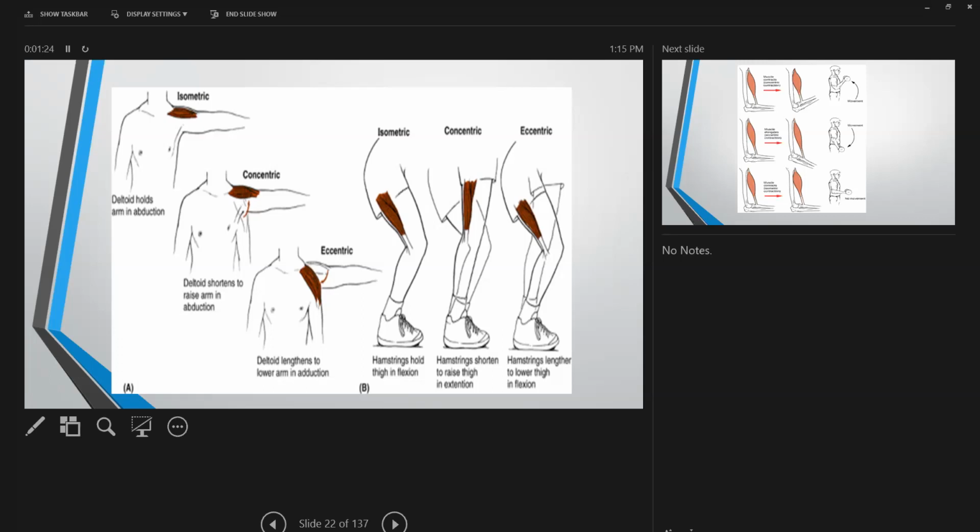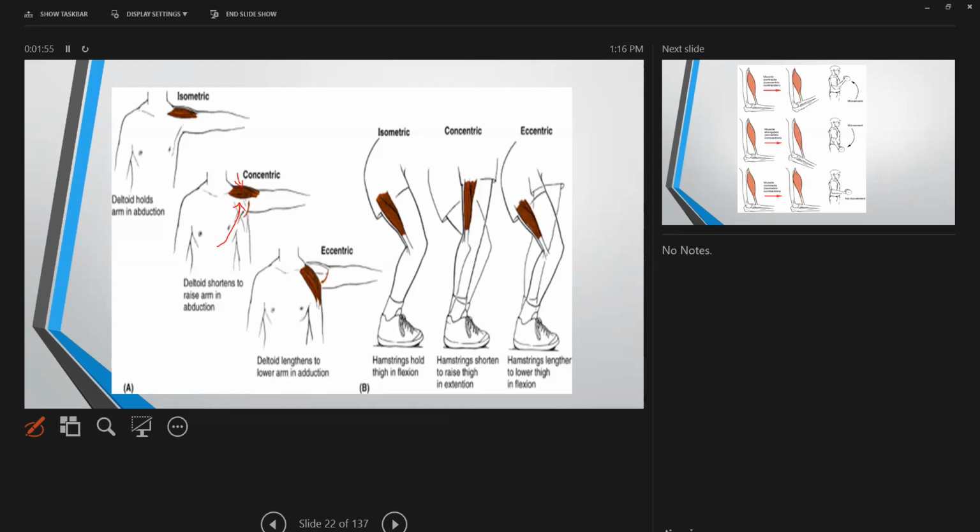A concentric contraction is when you're doing the work, and an eccentric contraction is when you are bringing it back down. So in this case, what it would look like is a concentric action is the action of raising up the arm while this rhomboid is contracting.